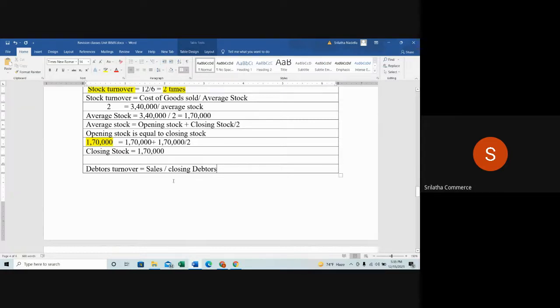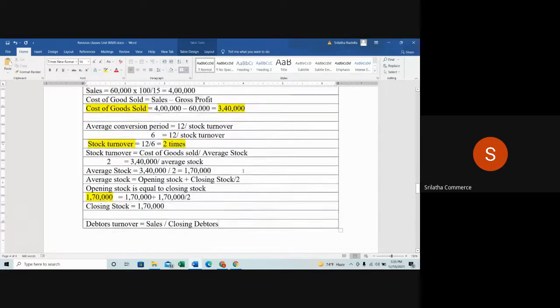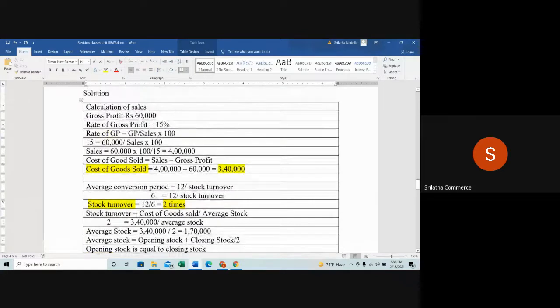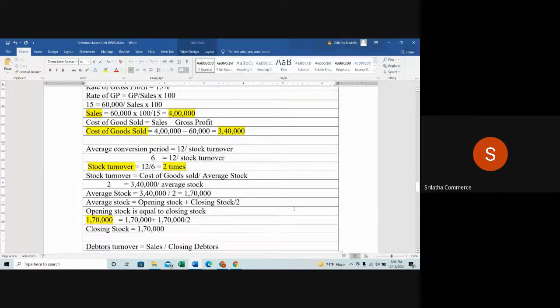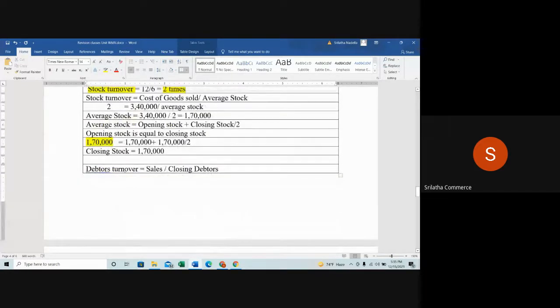By closing debtors. Now, the information you have is sales, isn't it? But are you having the debtors? We do not know debtors. Do you know debtors' turnover? We do not know debtors' turnover.